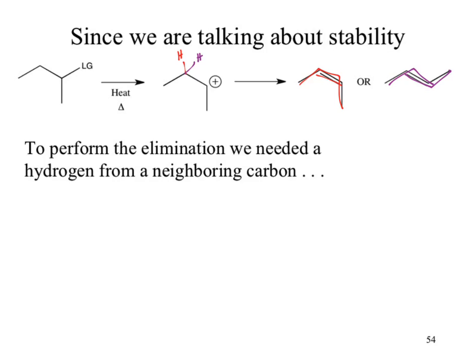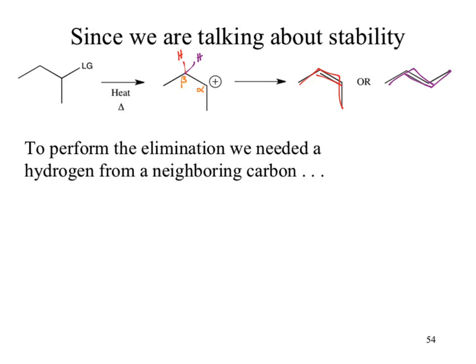Instead we use Greek letters, alpha and beta. So those hydrogens are located at the beta position to our carbocation. And our carbocation is then defined as our alpha position in this particular case. Which means when I do this elimination reaction, what am I eliminating?